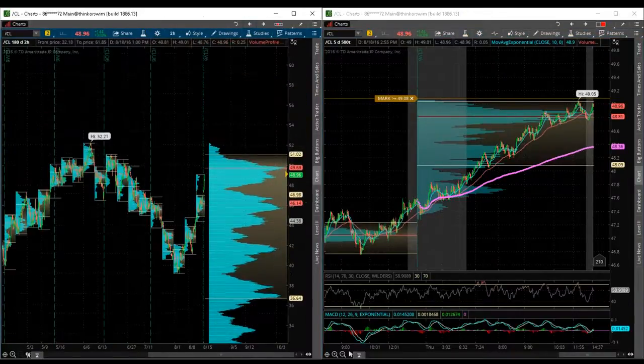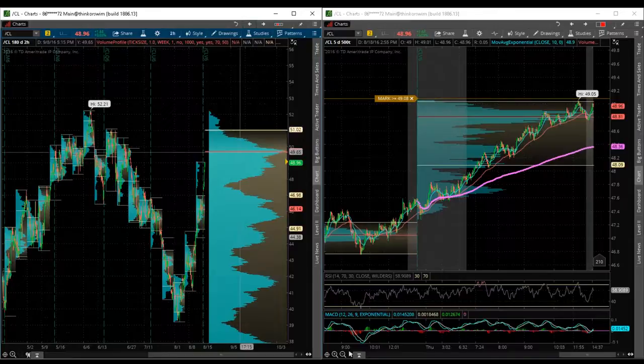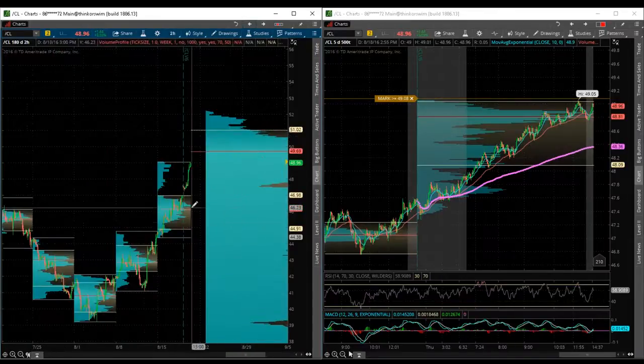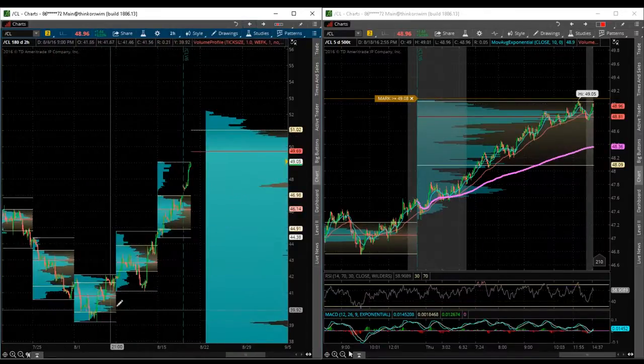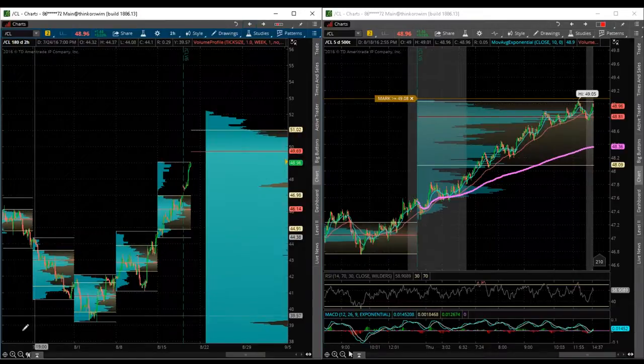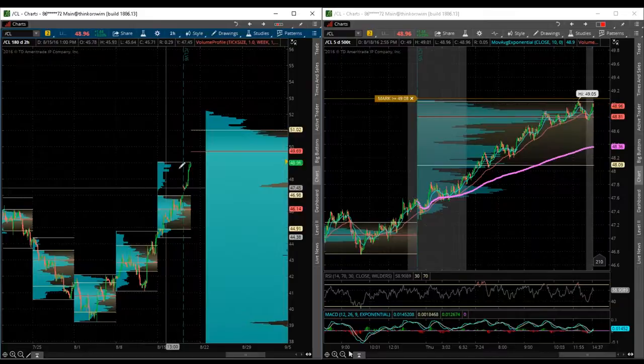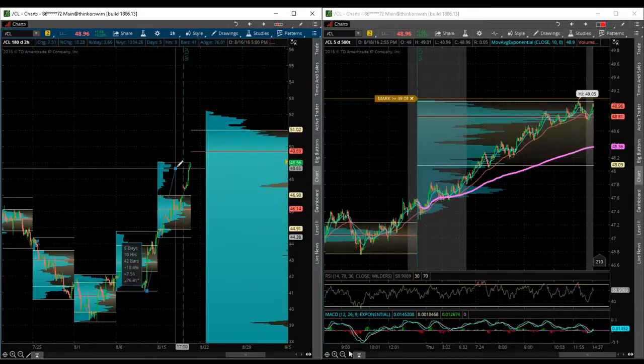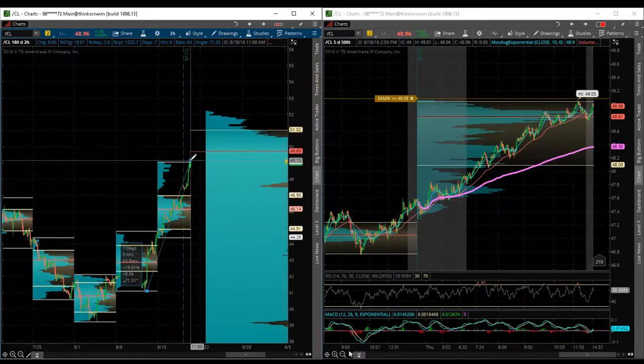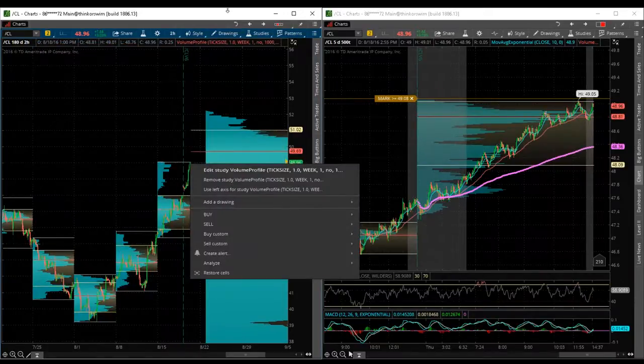Looking out here at a longer term chart, I'm really intrigued by the fact that we've moved now 17%. Is this right? 19% in 7 days. Pretty awesome.